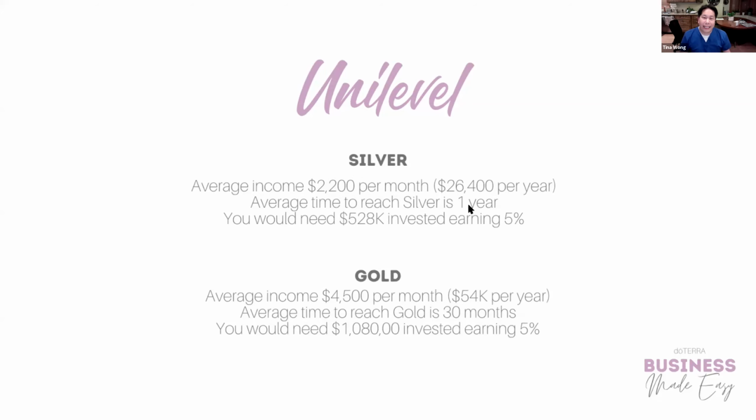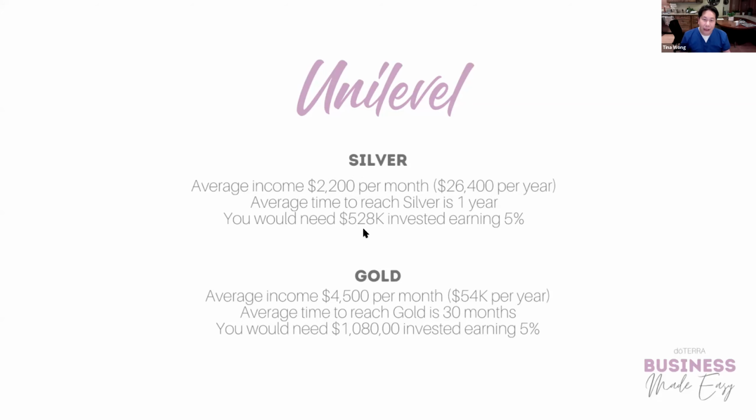And if it takes you a year or a year and a half to get to silver, what does someone have to have in the bank earning 5% in order to make this type of residual income? You need $528,000 earning 5% in order to make $2,200 a month, or in order to make $26,000 a year.